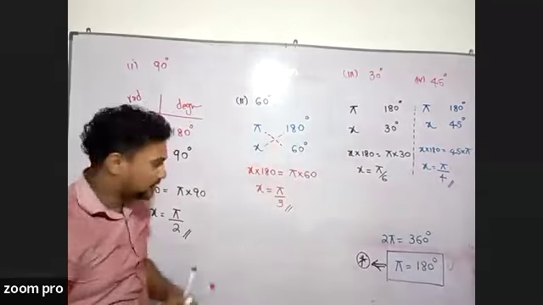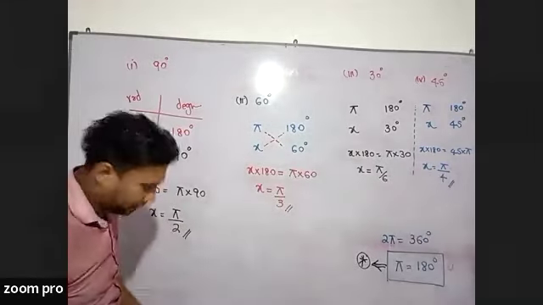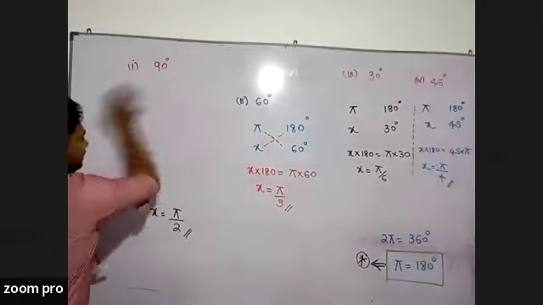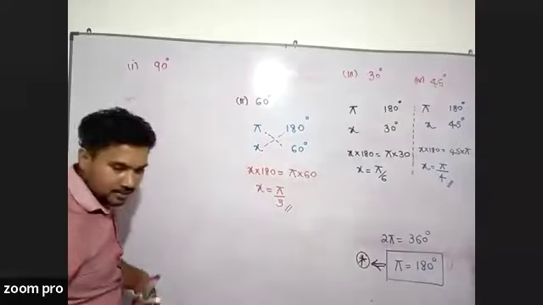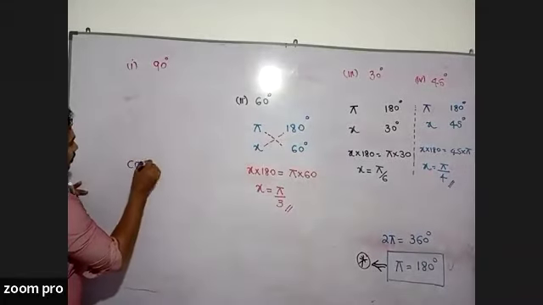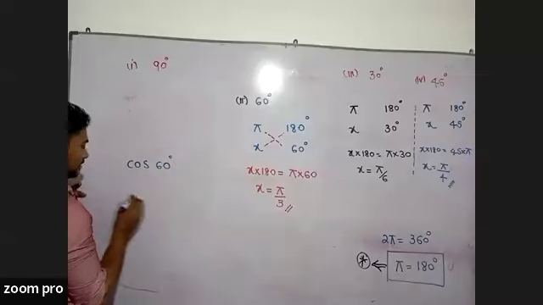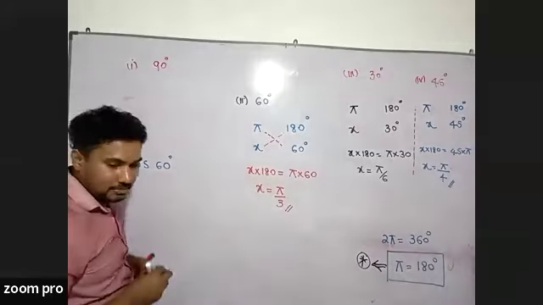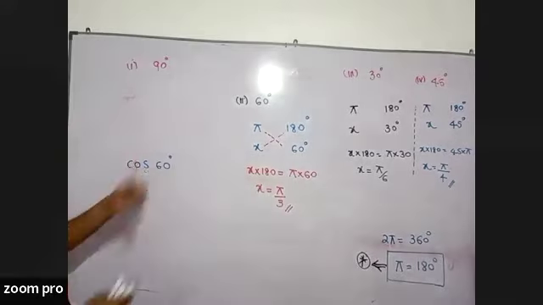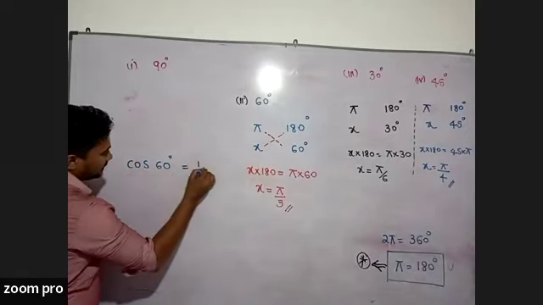So from now onwards, in trigonometry, we write cos 60, right? Now you know that cos 60 equal to half, isn't it?